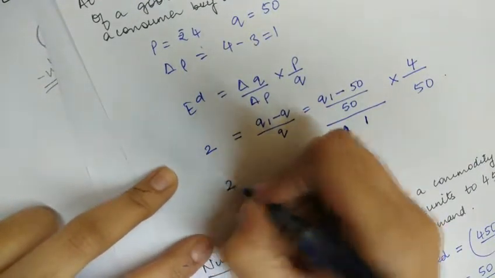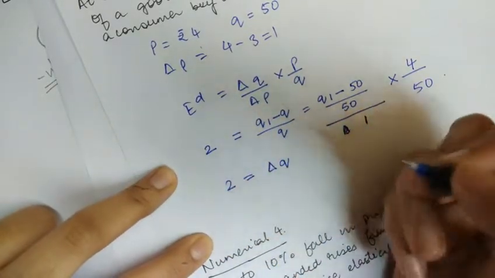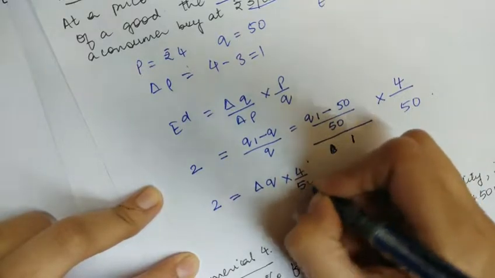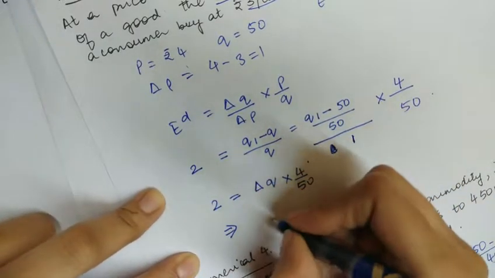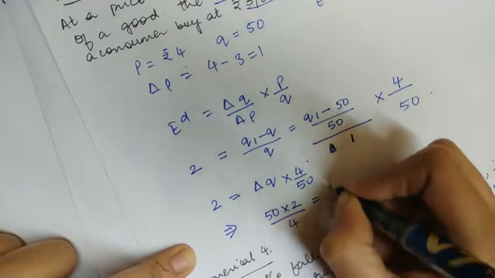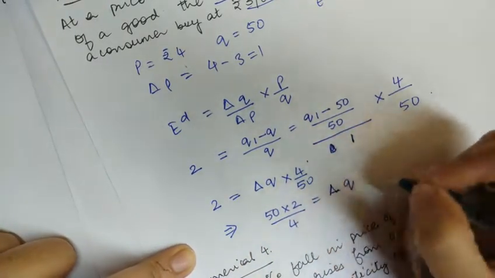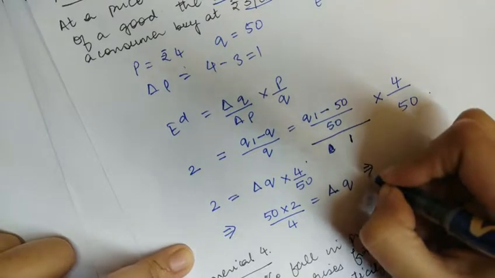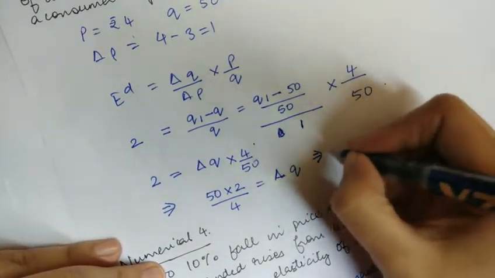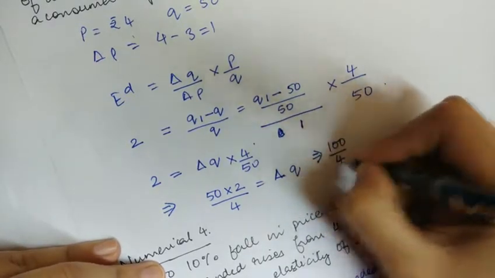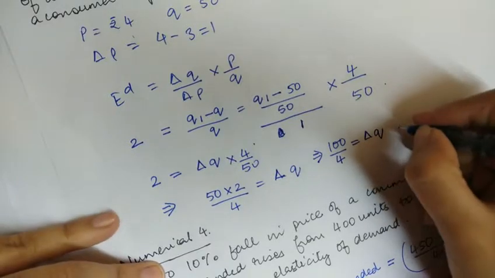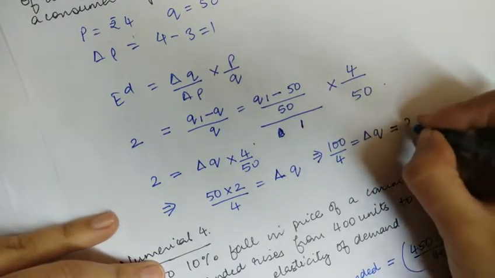So you can say that change in Q into 4 by 50 will imply 50 into 2 by 4, which is equal to change in Q, which implies 100 by 4 is equal to change in Q, which will be equal to 25.